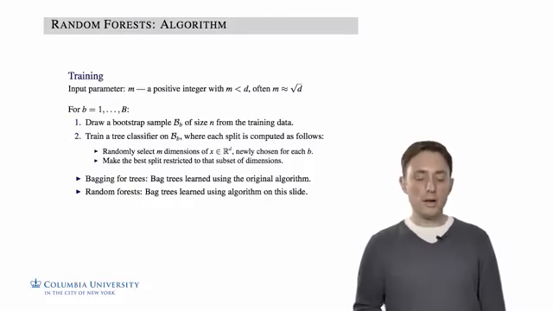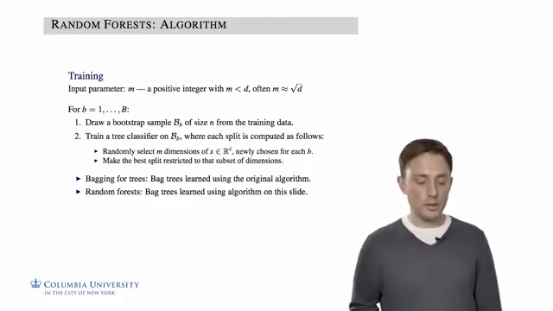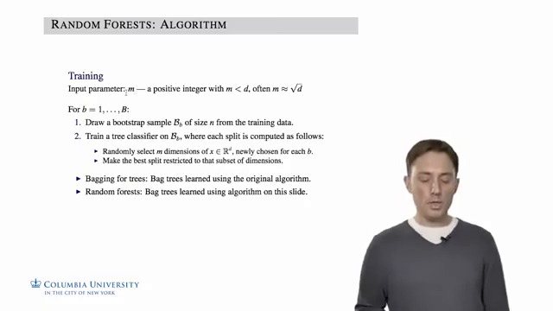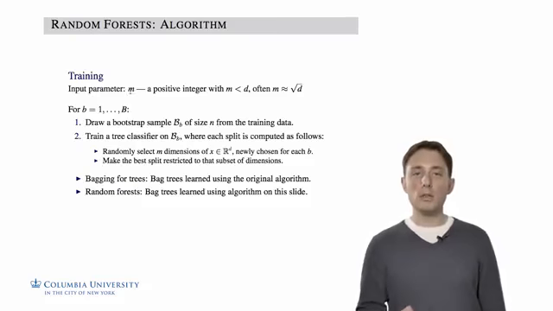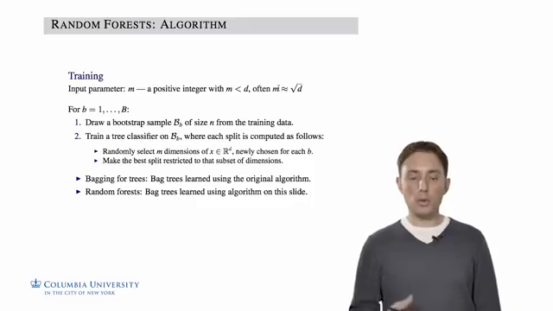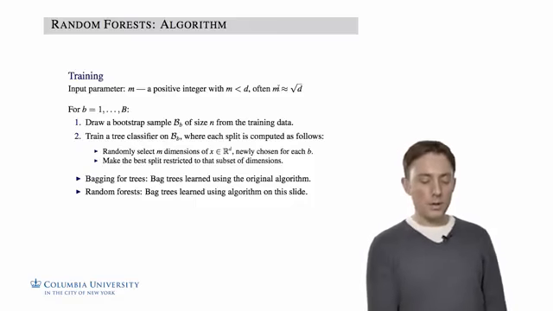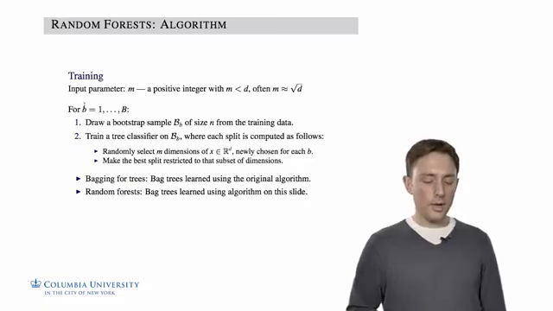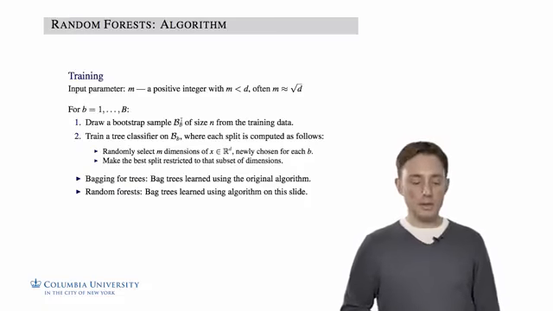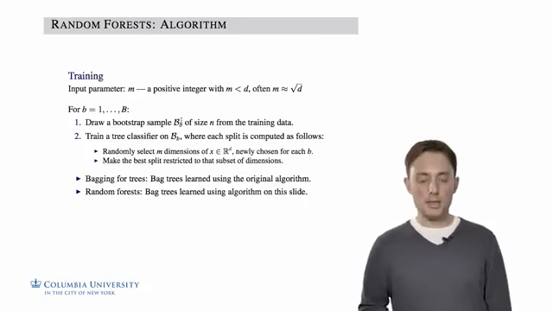So this leads to the final algorithm called random forests. As an input, we have something called m, which is a positive integer. This is the number of dimensions that we're going to consider on each split. In general, m is going to be less than d. Often we set m to be about equal to the square root of d. Then, for each value of b, we first generate a bootstrap sample from our data set of the same size as the data set.